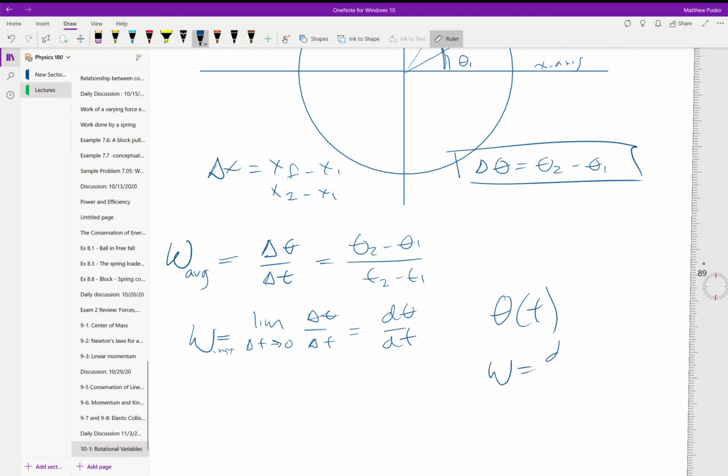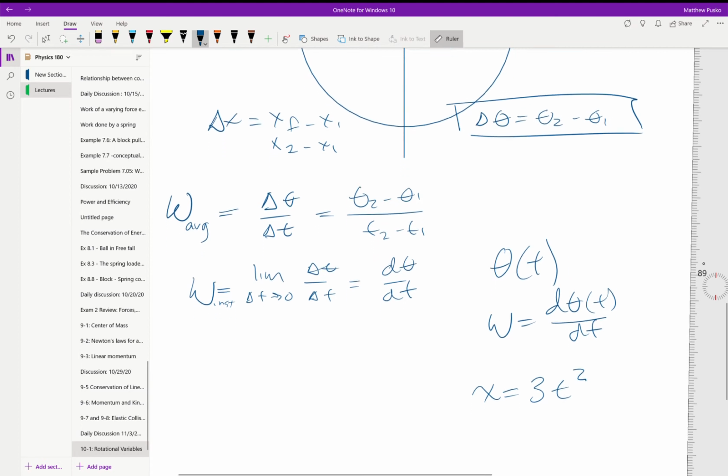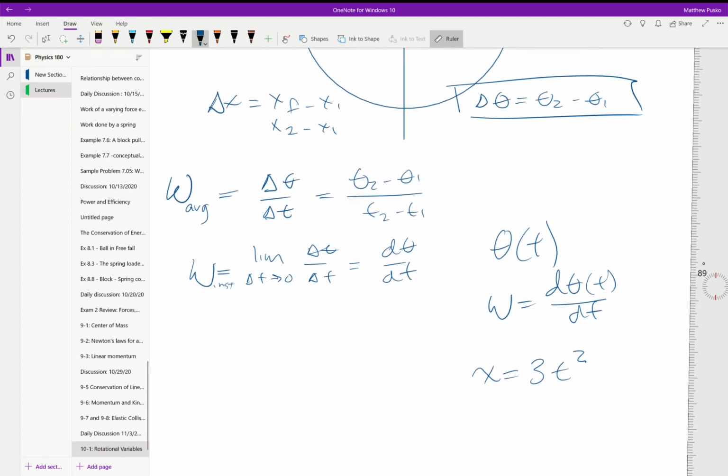Omega is going to be equal to d theta dt. And I'll do an example where we do that. Just like before, if we had the x position as a function of time, x was equal to maybe 3t squared, we could take the derivative and get to the velocity, where velocity is equal to dx dt. That's the same thing.